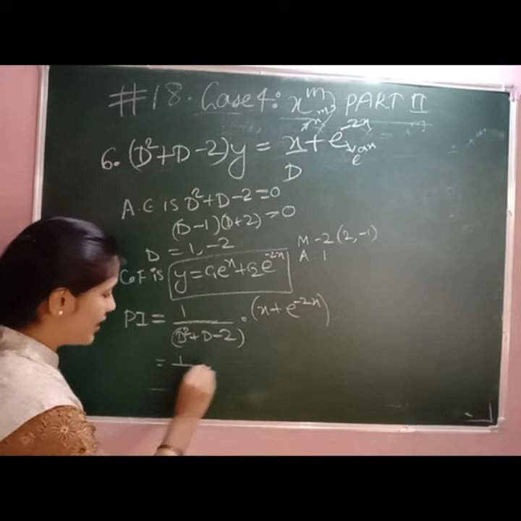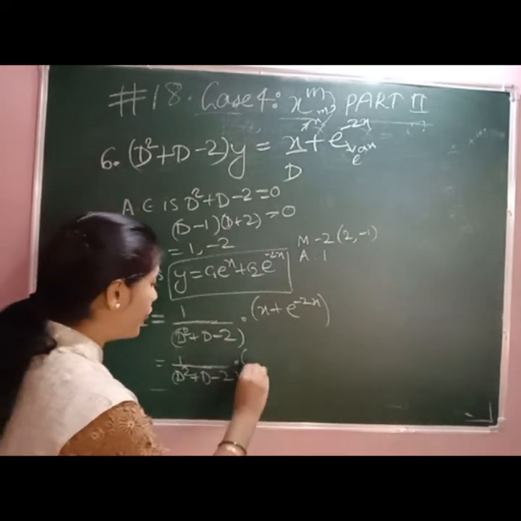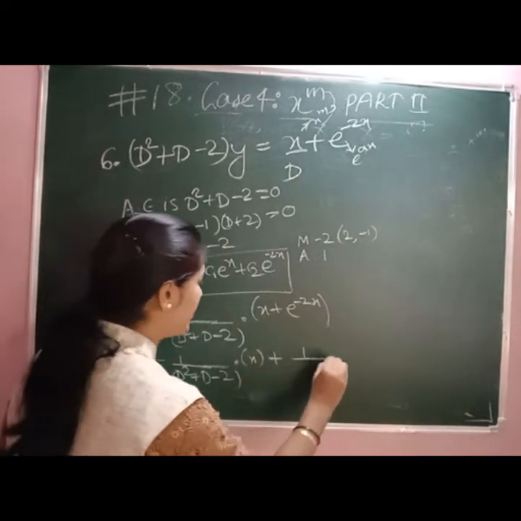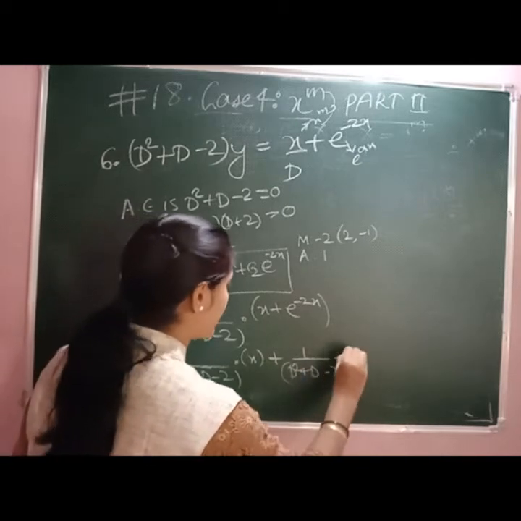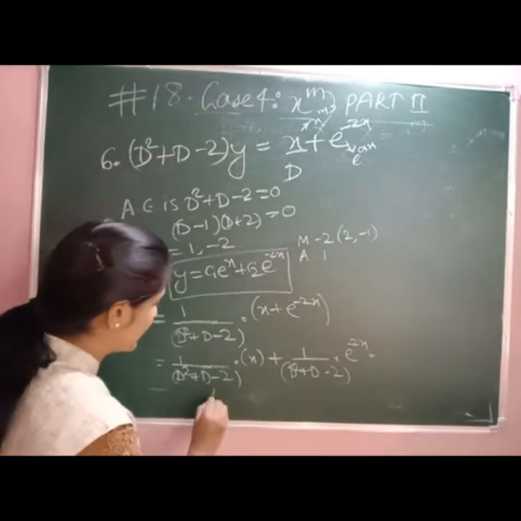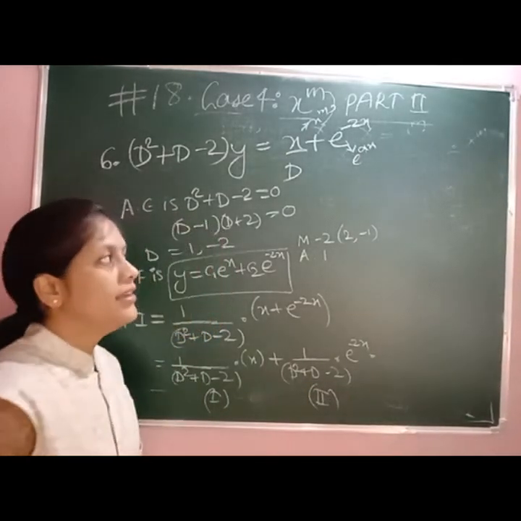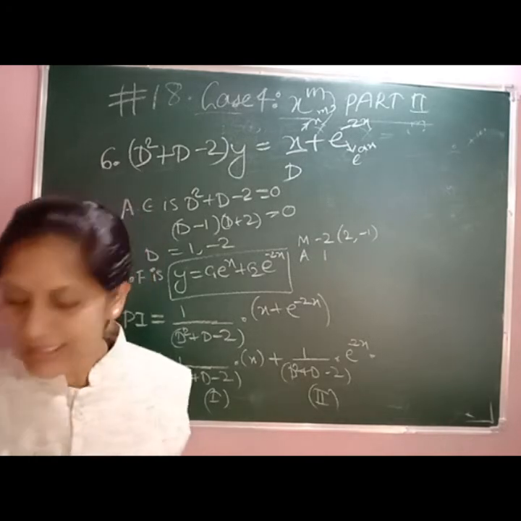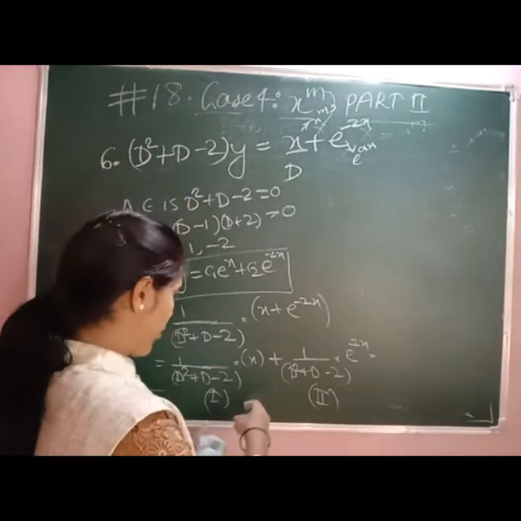This can be written as 1/(D² + D − 2) of x plus 1/(D² + D − 2) of e^(−2x). Let us consider this as the first and this as our second. So firstly we will solve the first one.